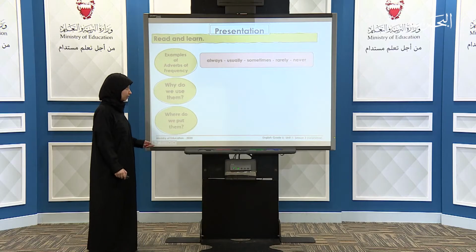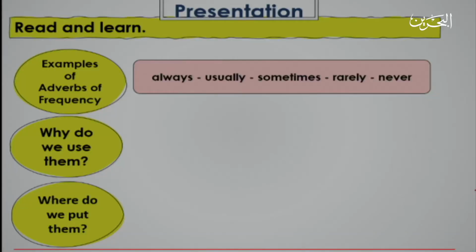Here we have got some words like always, usually, sometimes, rarely, and never. Have you ever come across these words throughout your learning English journey? If yes, what do you call these words? We call them adverbs of frequency.